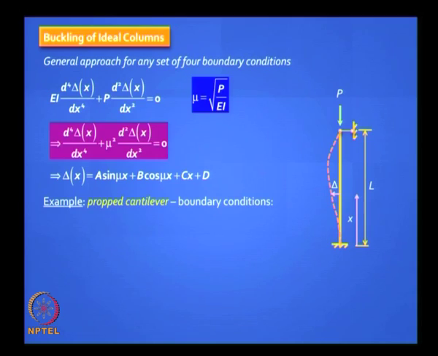You're right, the fourth boundary condition will come at x equal to L. Can anyone tell me what that is? What is 0 at that end? Deflection you've already written as your third equation. Moment is. Curvature is? Why is curvature 0?